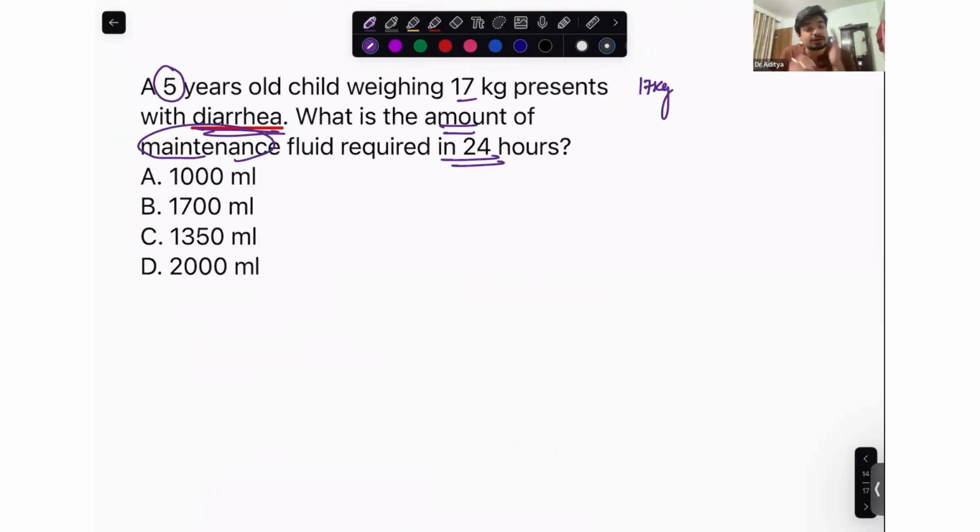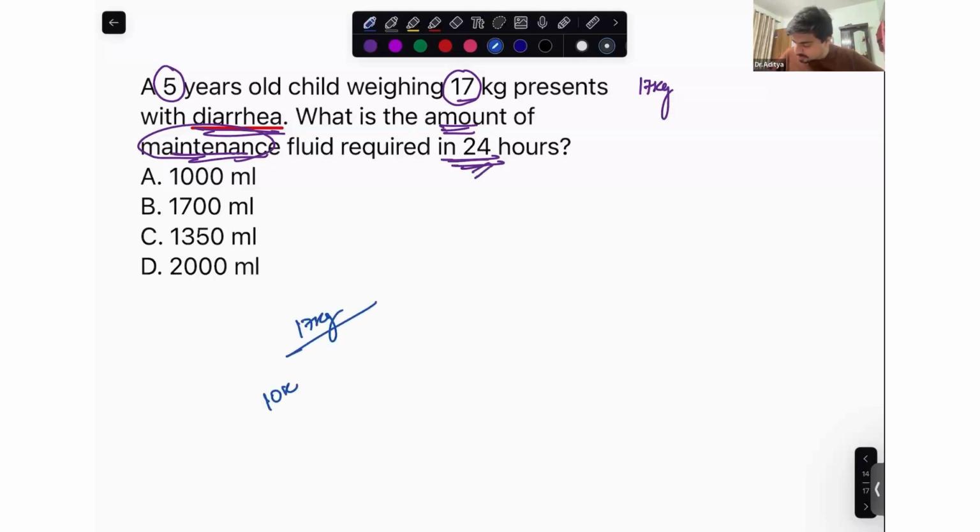Everyone is absolutely correct. Like I told you, maintenance fluid has no relation whatsoever to dehydration or diarrhea. This is the fluid that you require in 24 hours, right? Here the child is 17 kg.